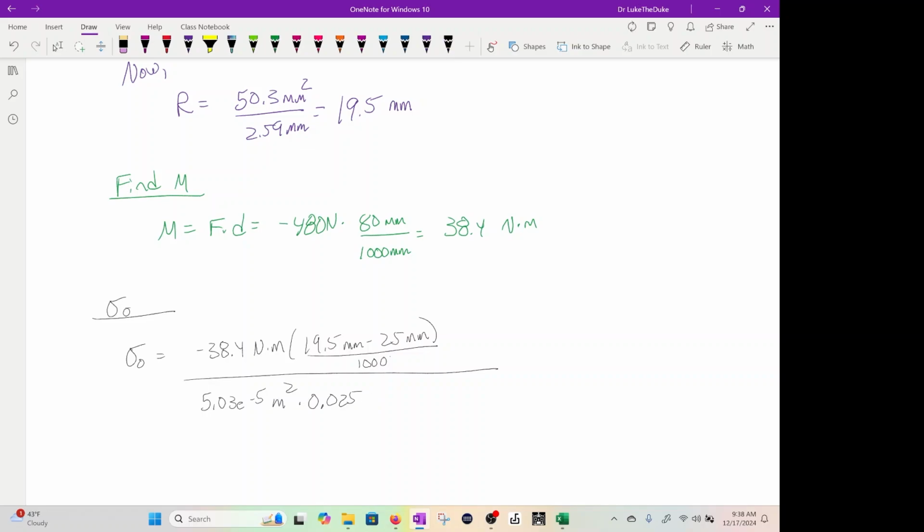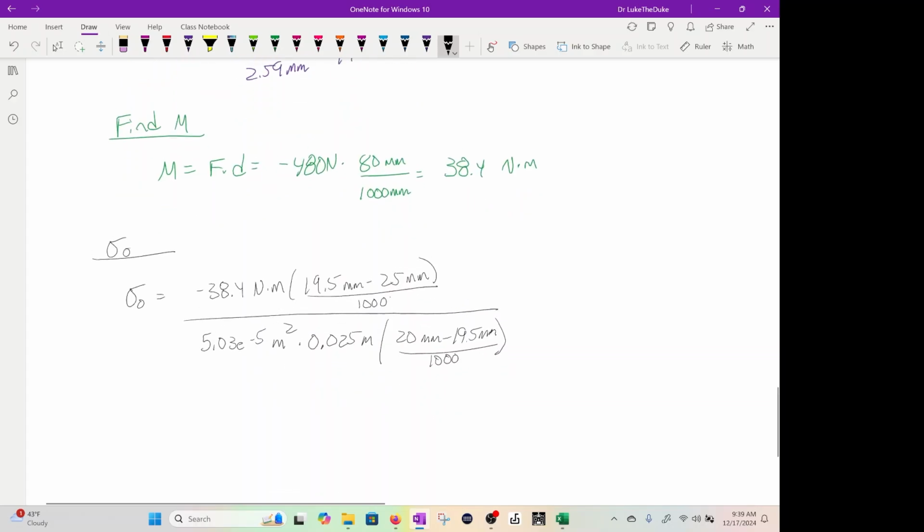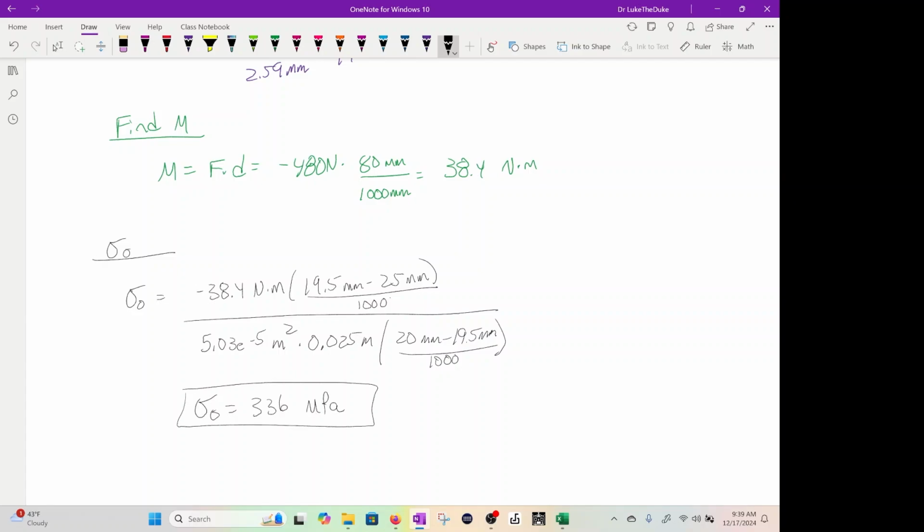I converted that to meters from millimeters. Times 20 millimeters minus 19.5 millimeters, divided by 1,000 to get it into meters. Sigma O, you get 336 megapascals. And you're going to notice, I'm going to show you in Excel, that I rounded and the numbers are definitely different. So the rounding will make a difference.